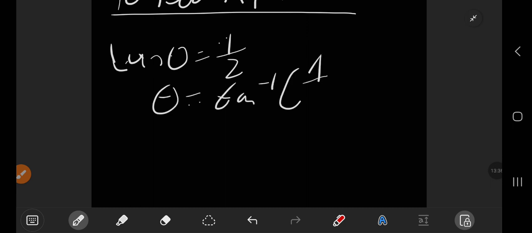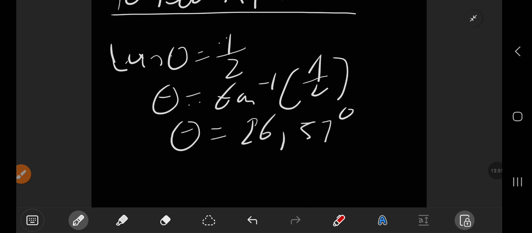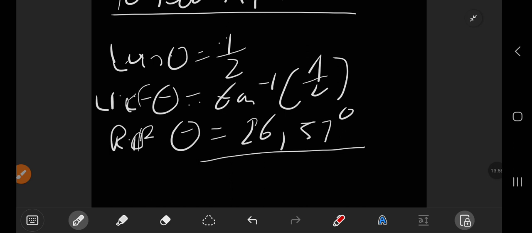So theta is going to equal tan arc 1 over 2, which is 26.57 degrees. Let me represent this as the reference angle, because we're following the reduction.